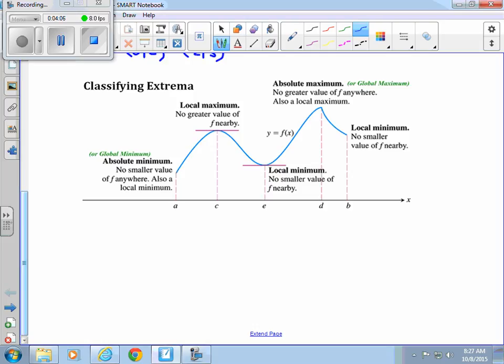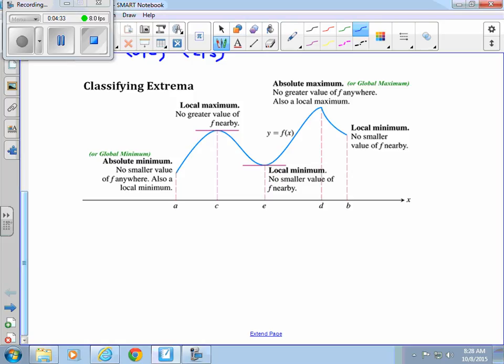Any absolute minimum is also a local minimum, right? It's both. By the way, there are 2 words, synonyms: absolute and global are the same, and relative and local are the same. So relative minimum is a local minimum, absolute is global. What I do want you to notice is look at all of the relative maxes and mins.